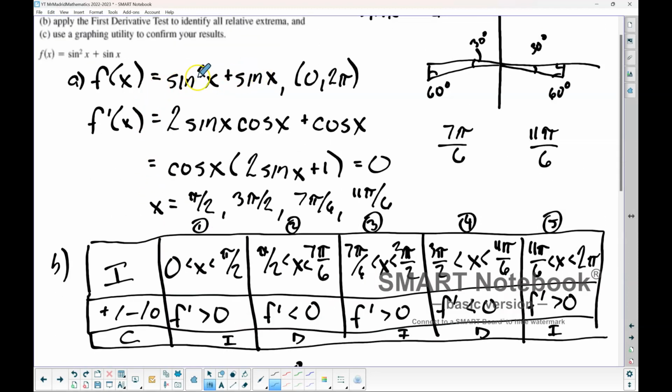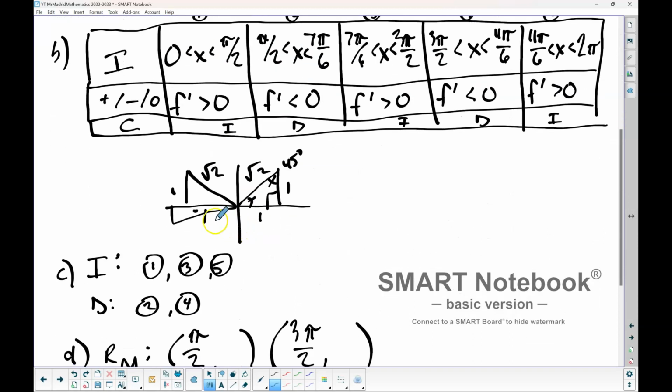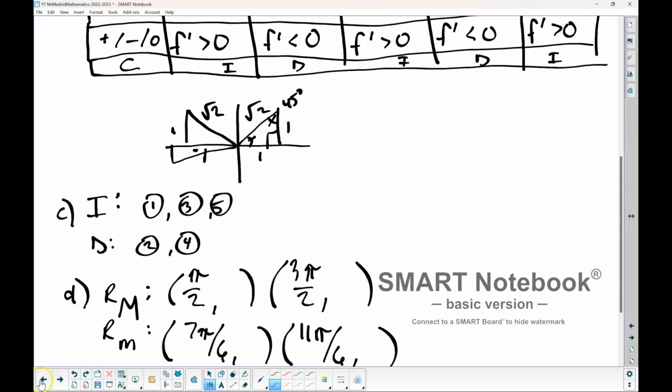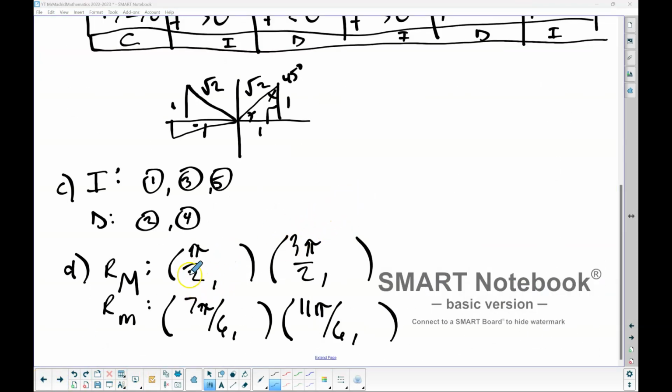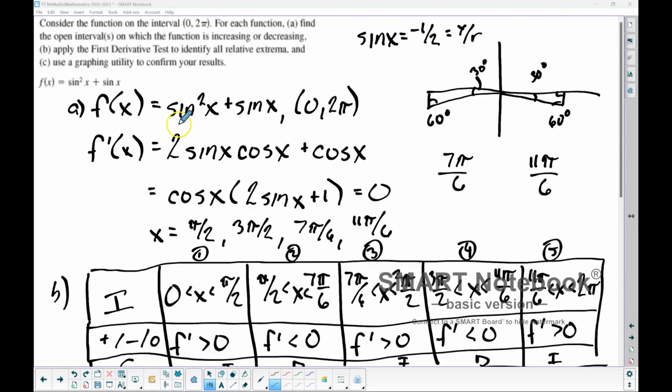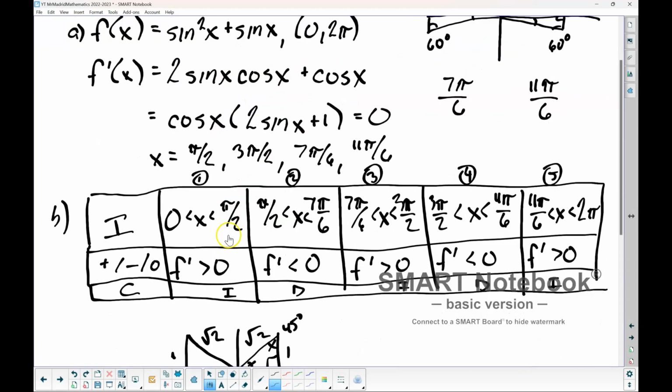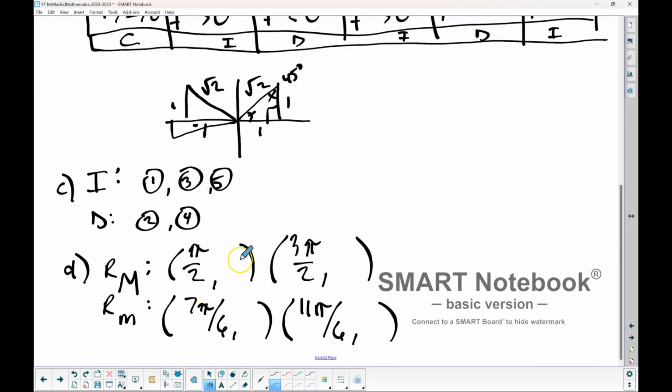We're going to plug it back into this original function here. Pi halves here is 1. 1 squared is 1, plus sine of pi halves, which is 1, so 1 plus 1 is 2. So we'd have 2 here.